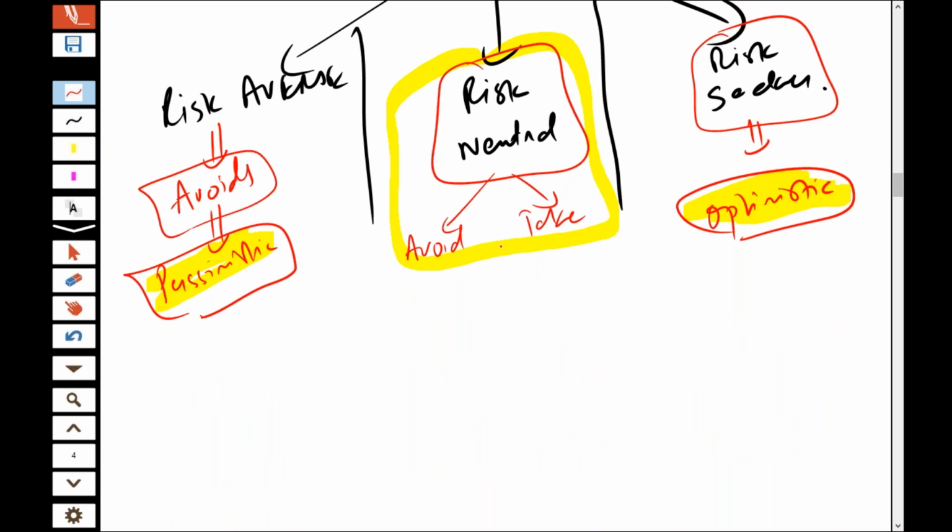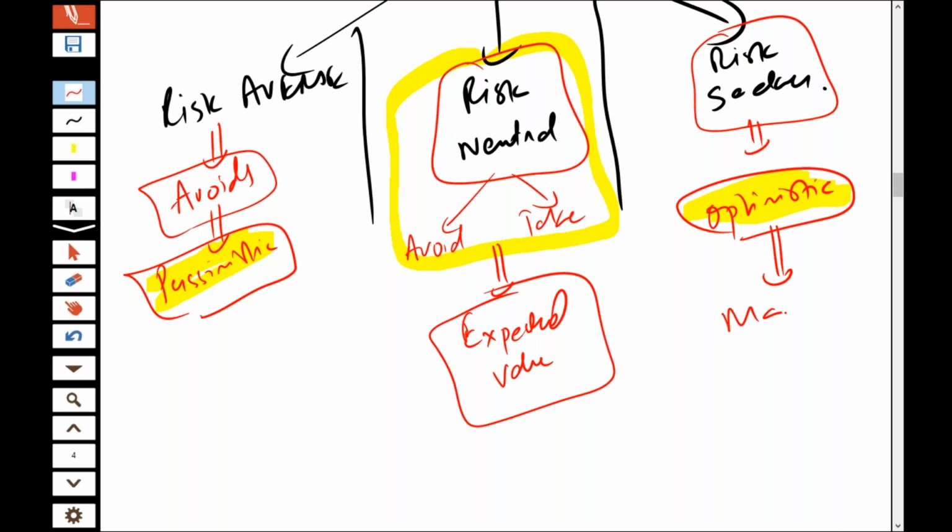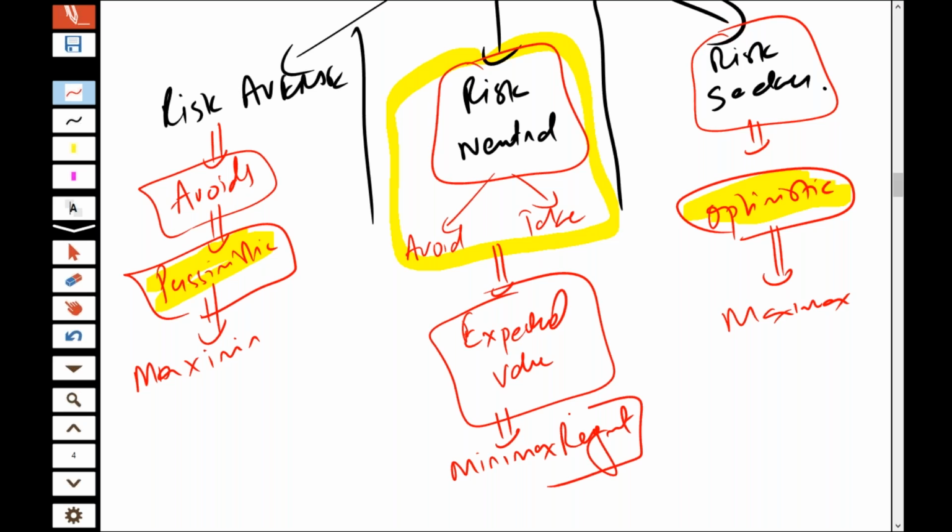An entity which is risk neutral would probably be using the expected value technique. A risk seeker would go for a maximax strategy. A risk averse entity is going to go for maximin. And there's also going to be a minimax regret strategy which the risk neutral is going to adopt.